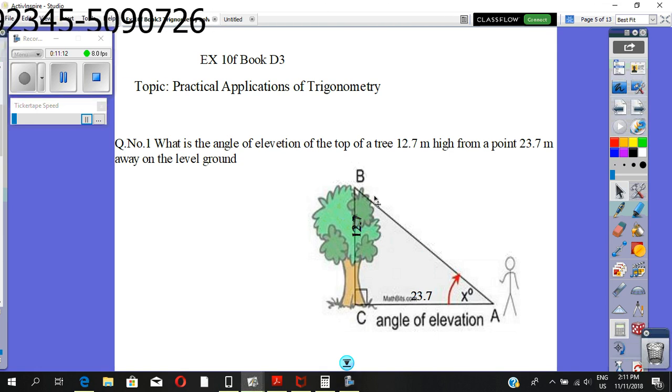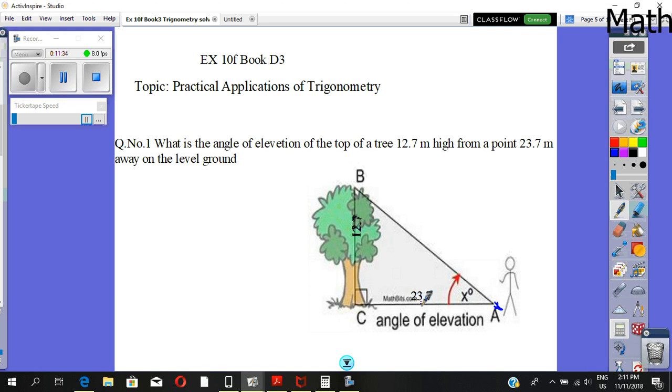If we check the sides, along the tree is the 90-degree angle, and the point of observation is here, 23.7 meters away.